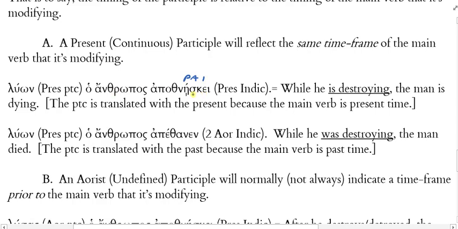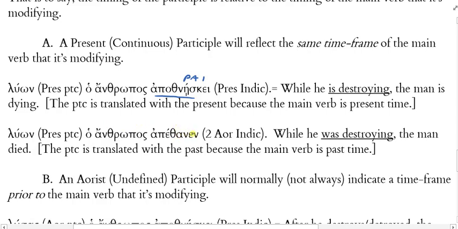I know this is sad to think about, but the man is dying, and luon is to be translated as something like while he is destroying, the man is dying. Okay? Why have I translated the present participle with a present tense form of is destroying? Because the main verb is present too. Okay? But look at the second example. Luon ho anthropos apethenen.